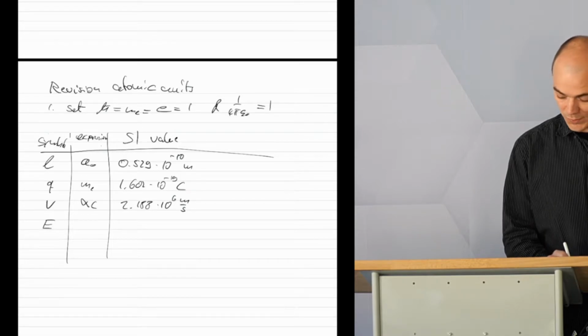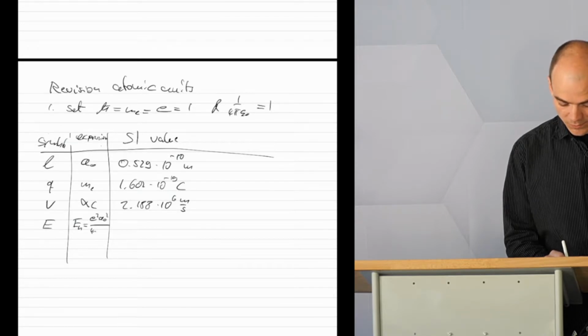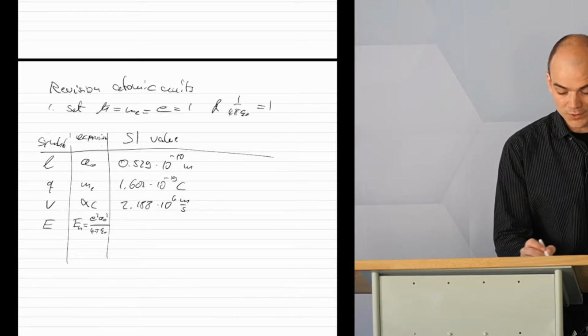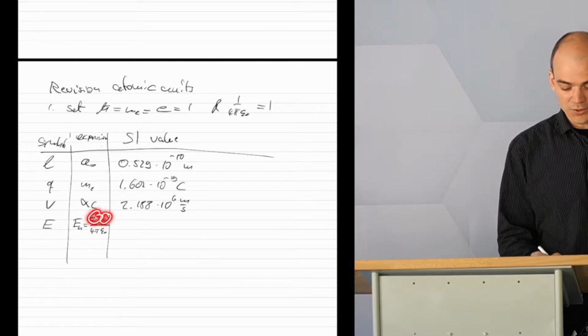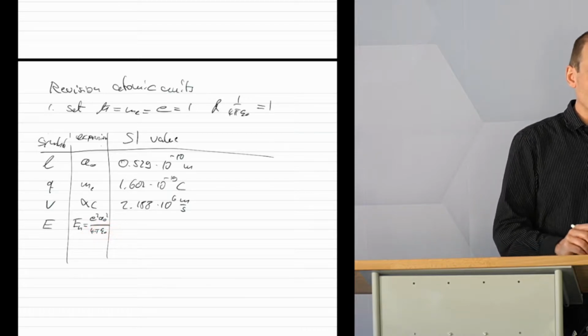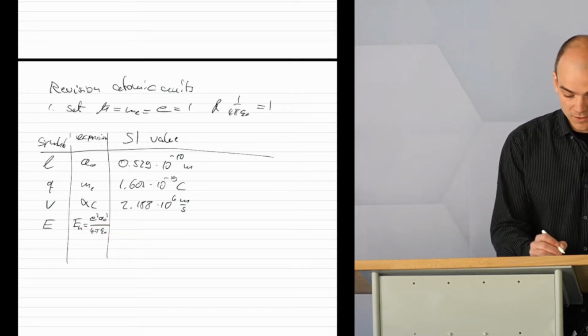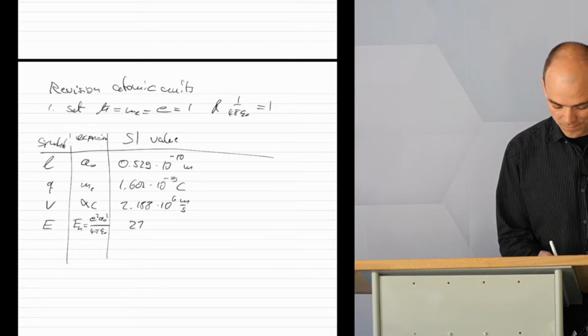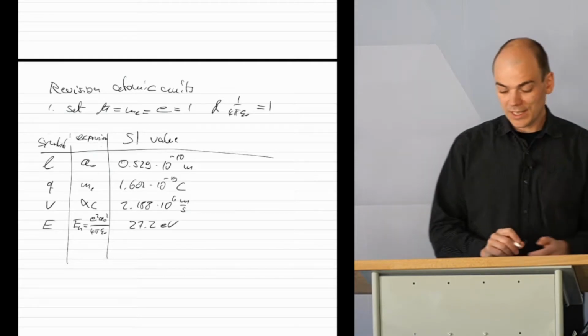Energy would be the Hartree, which is e squared over a naught times 4 pi epsilon 0. And you see here that, of course, e is 1, a naught is 1, 1 over 4 pi epsilon 0 is 1. This is 27.2 electron volts.